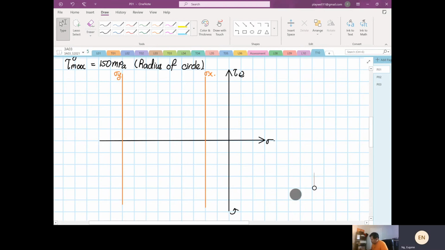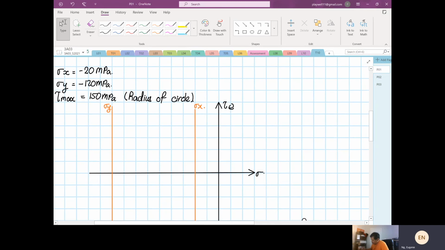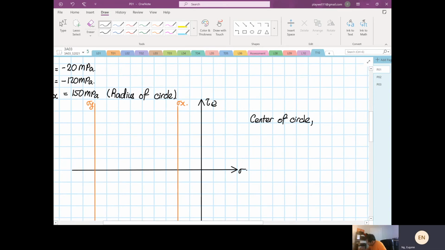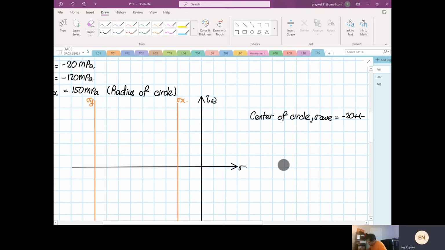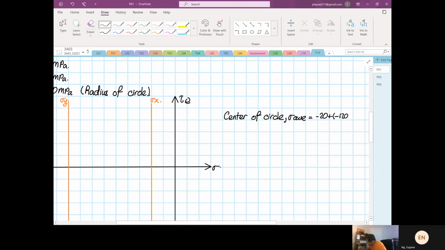So from here we can immediately calculate our stress average or center of the circle. So your stress average is equal to minus 20 plus minus 120, and then divided by 2.